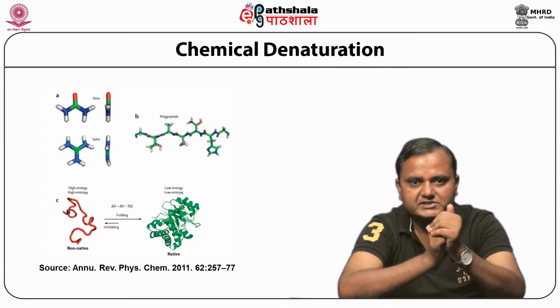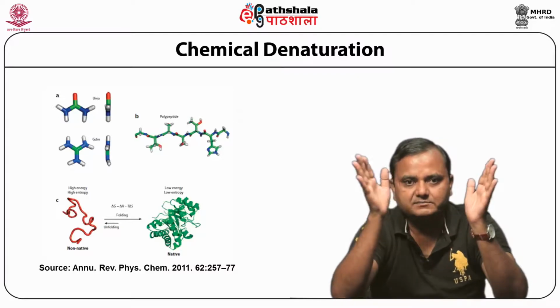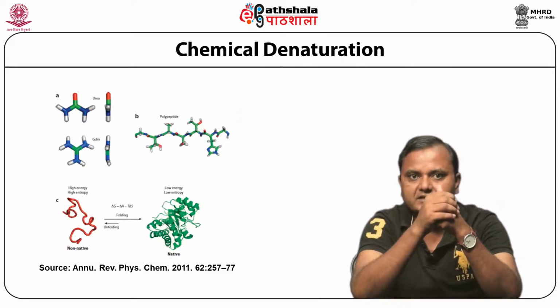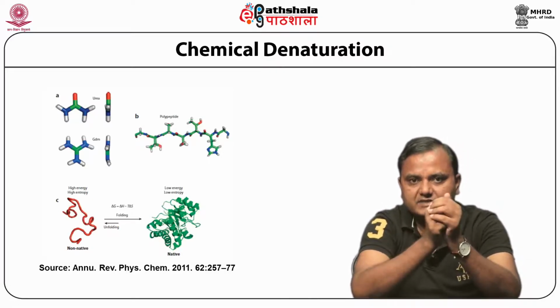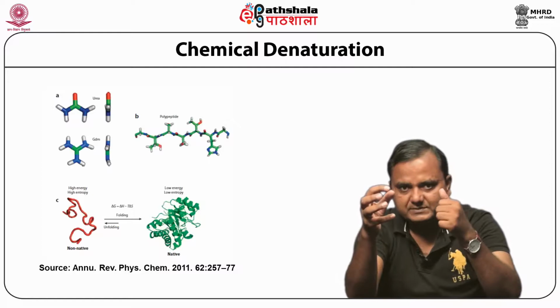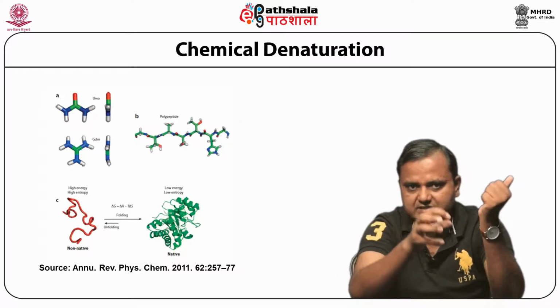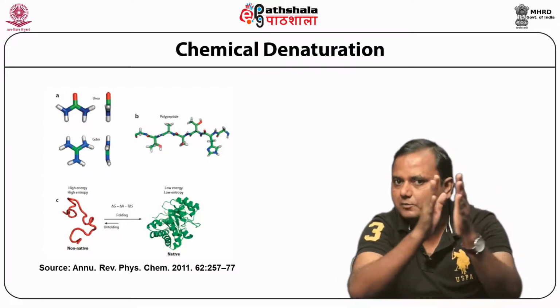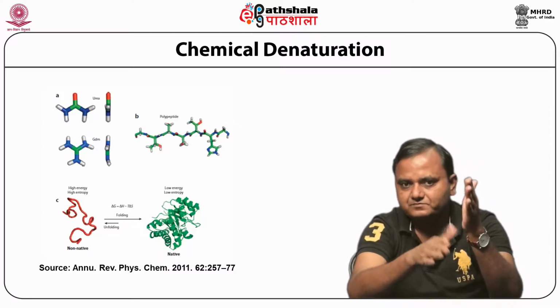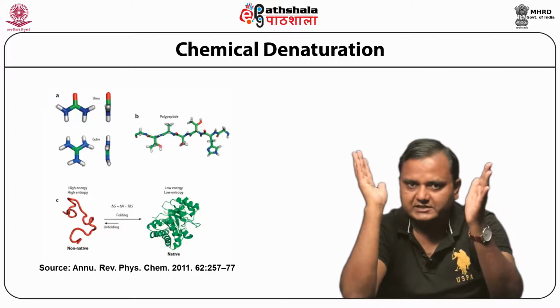The native conformations are generally stabilized by their lowest energy relative to the typical energy barrier. You can see here in the diagram the structure of urea, the structure of guanidinium chloride, and the structure of the polypeptide chain, and then you can easily understand how the open or unfolded conformation is converted into the three-dimensional structure.